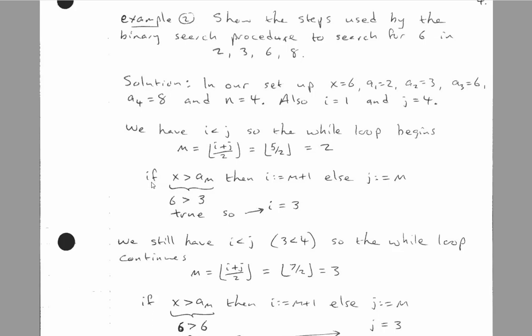Then our conditional. x is 6, m is 2, so a sub 2 is 3. If x is greater than a sub m, so if 6 is greater than 3, that's true, so do this first piece. Assign i the value m plus 1. m is 2, so i becomes 3. This was true, so we don't do the other.